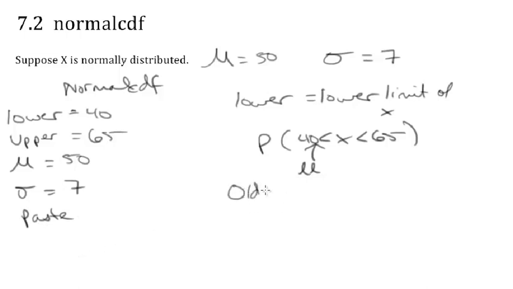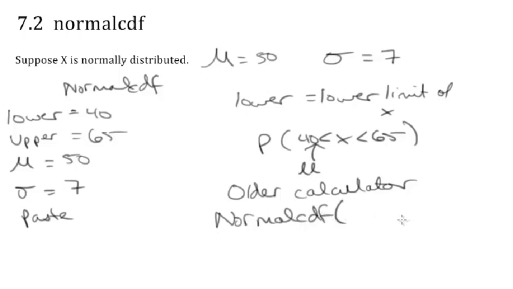If you have an older calculator, then you're going to have to put in the following syntax. When you ask your calculator for normal CDF, it's going to open some parentheses and expect you to put some stuff in here. And what you're going to put in there is the lower limit, then the upper limit, then the mean, then the standard deviation.